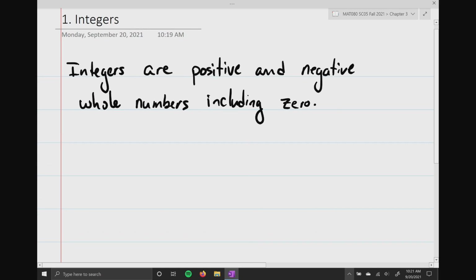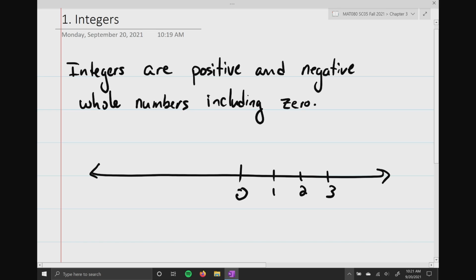Now on a number line, what we're really talking about here are the positive whole numbers that are on the right, and then negative numbers are on the left. Okay?